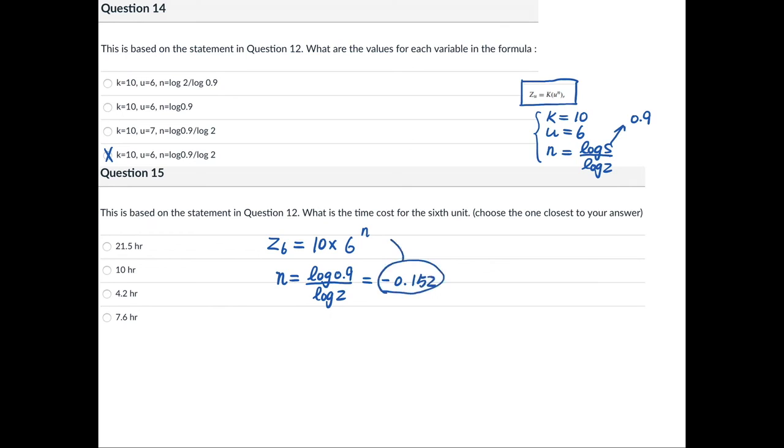So you need to substitute this value for n. So your Z6 is going to be 10 times 6 to the power of negative 0.152. And the answer is 7.61 hours. So this is going to be the one closest to your answer.